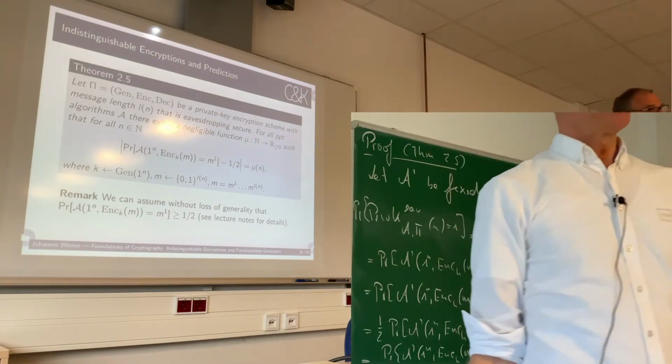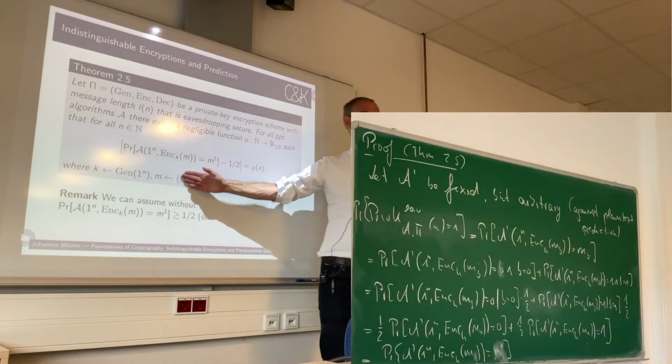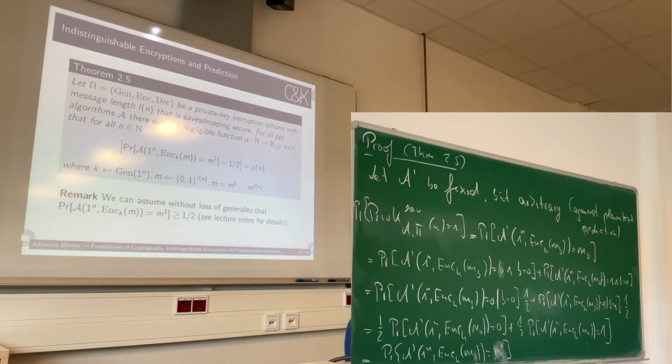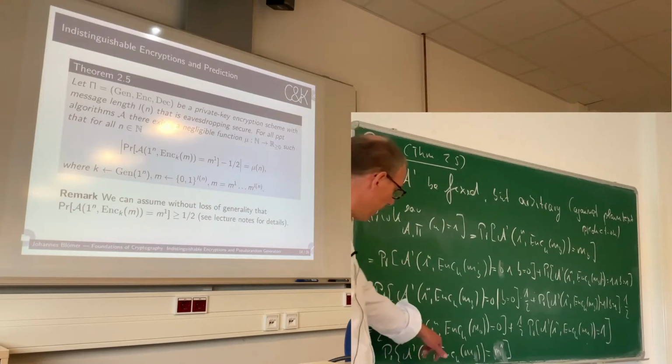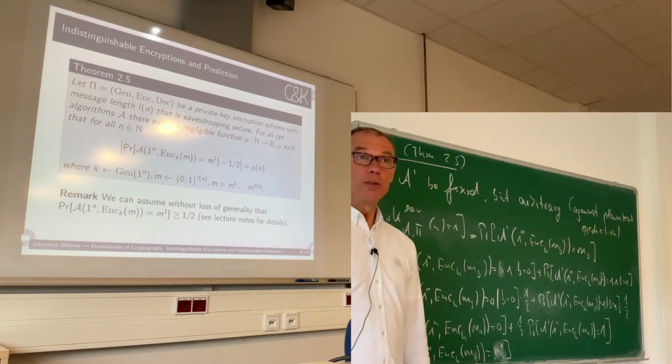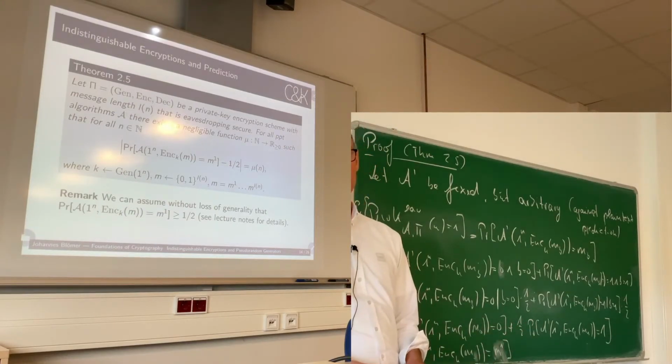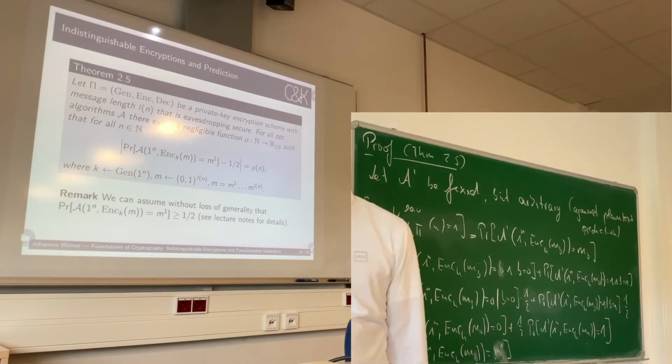So this choice is really: pick one of the two sets, each with probability 1/2, and then pick an element uniformly at random from there. That's a uniform choice of a message.